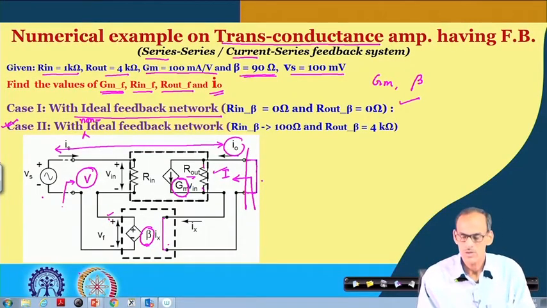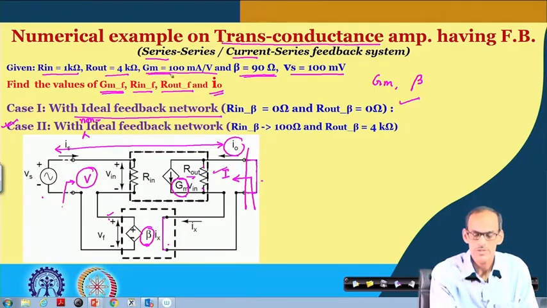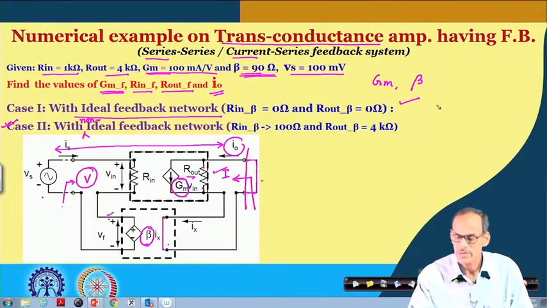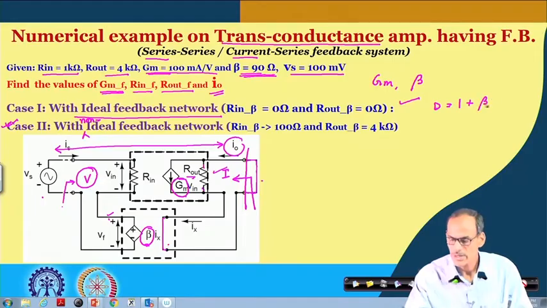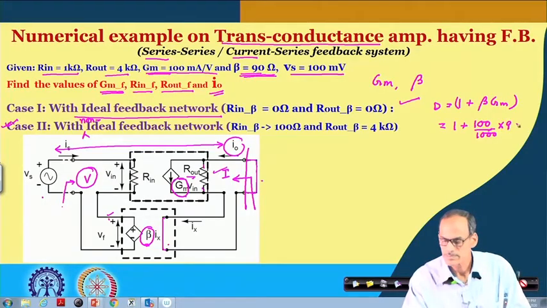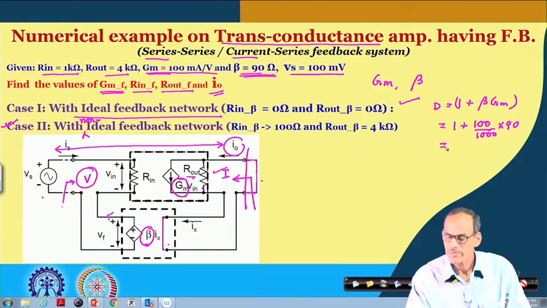So there is no loading effect, and directly we can use this GM and this beta. The desensitization factor is equal to 1 plus beta into GM, and here it is 1 plus 100 milli, divided by 1000, and beta is 90. So what we have here is a desensitization factor of 10.